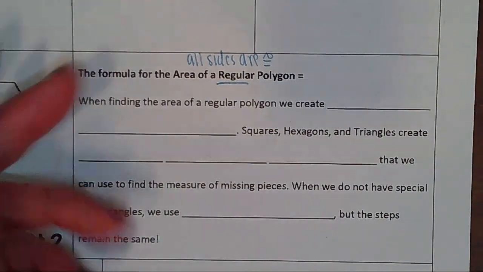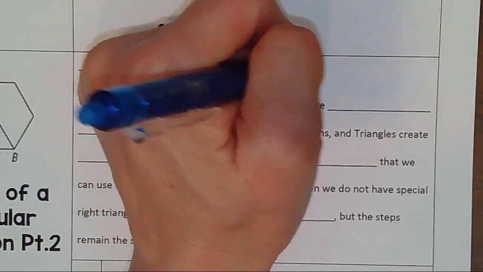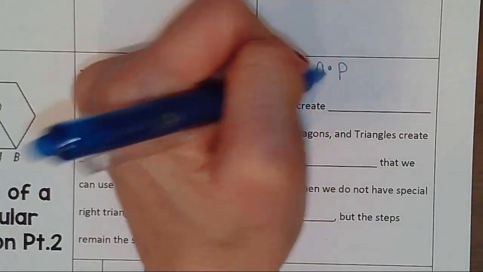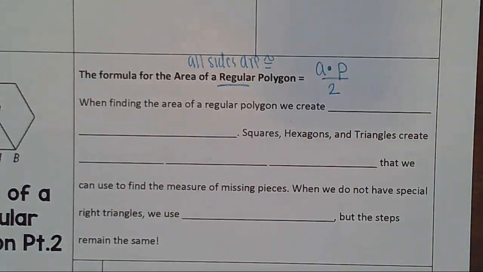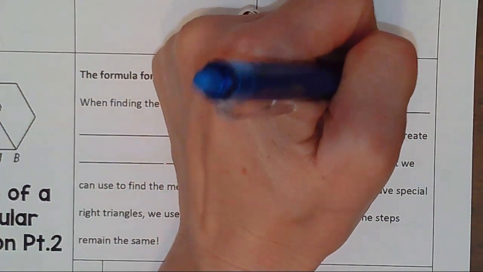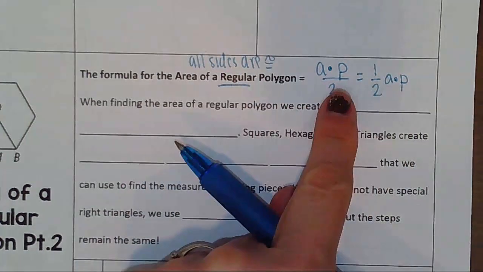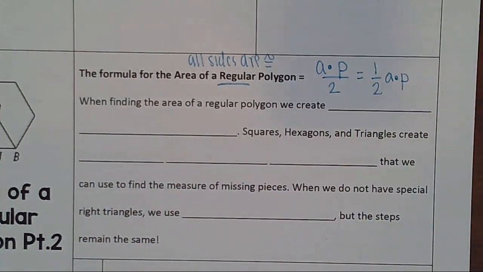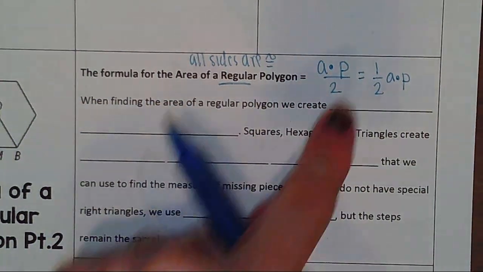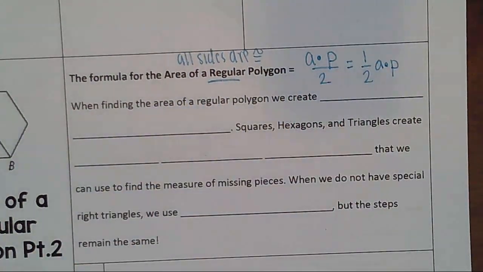So in order to find the area, it's equal to your apothem, A, times your perimeter divided by 2. Some people write it as 1/2 your apothem times your perimeter. I just like to think of it divided by 2. But A, apothem, what we just talked about, and then perimeter, we all know perimeter is all the sides added together.